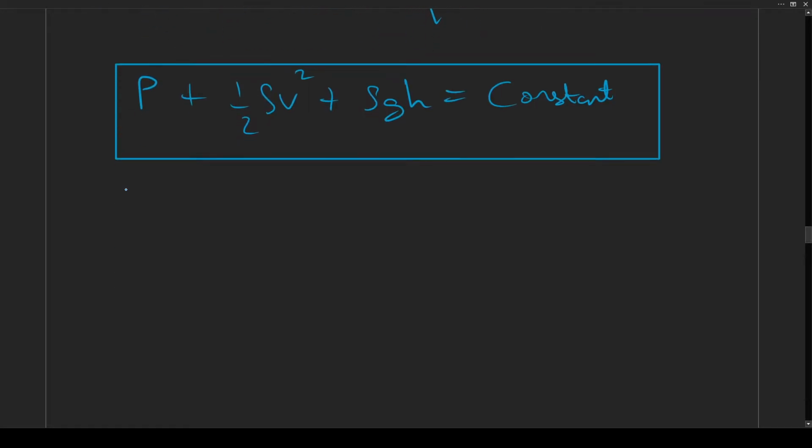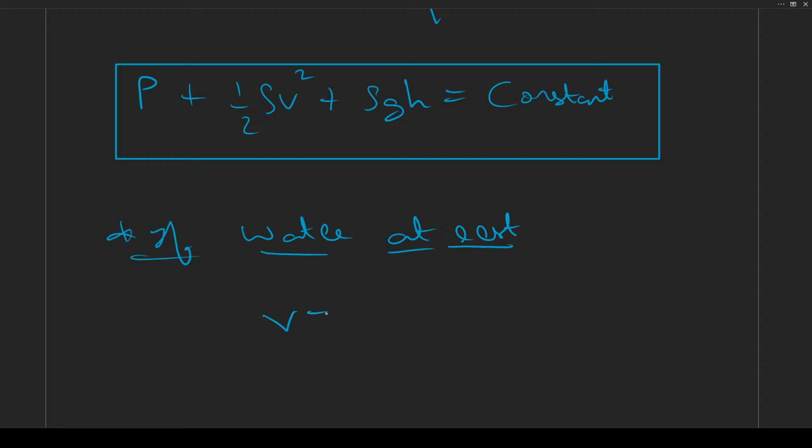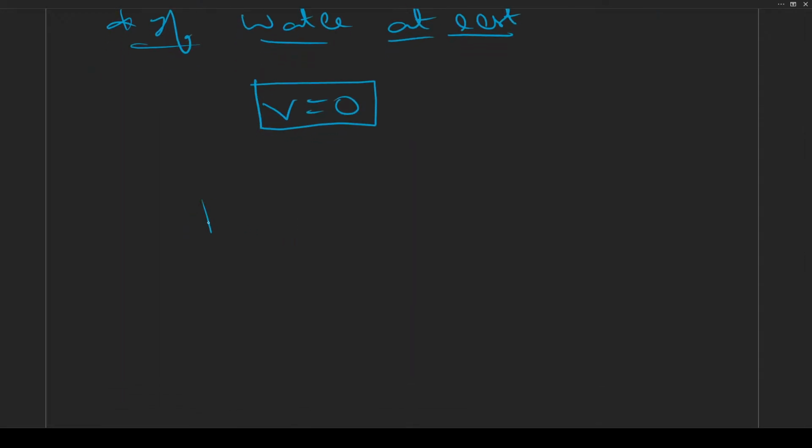That is, if water is at rest, no flow, then V is equal to 0. So P plus 0 plus rho GH is equal to constant.